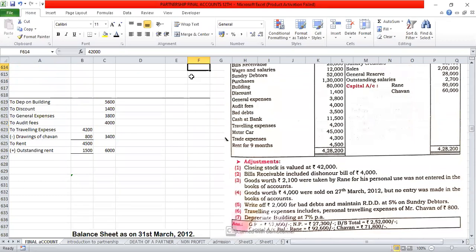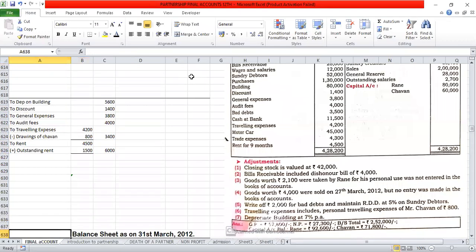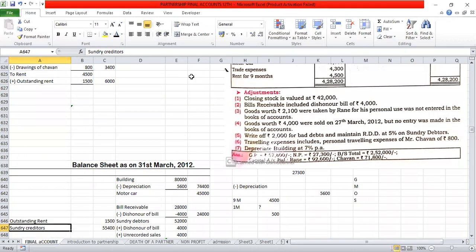Next, general reserves: reserves are undistributed profit, which goes to the balance sheet liability side. Amount is 28,000.